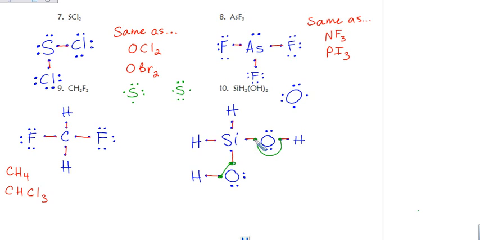So you can be a little creative in how you link things together or where you arrange them around your central atom, as long as you prove that everyone has an octet except for hydrogen. He only needs 2. And I think you'll start finding as you draw more and more structures that there's not a lot I can do to make this any more difficult for you. If I pick any element in the same family, they'll all have the same electron structure, which means they all form very similar bonds.